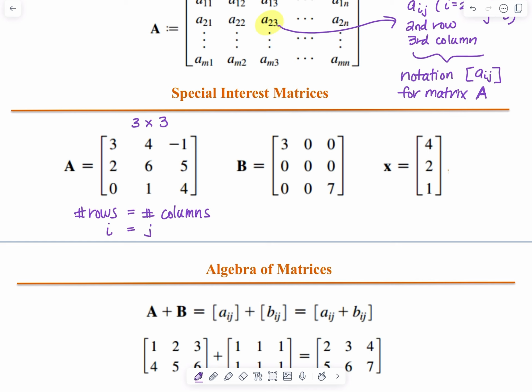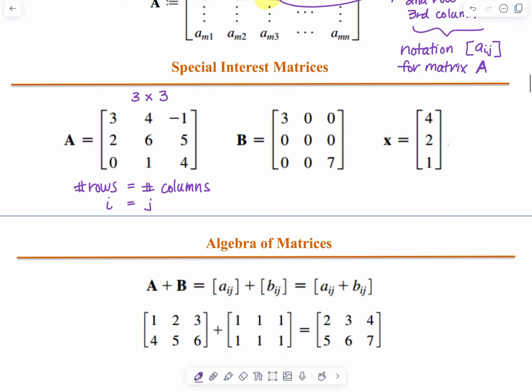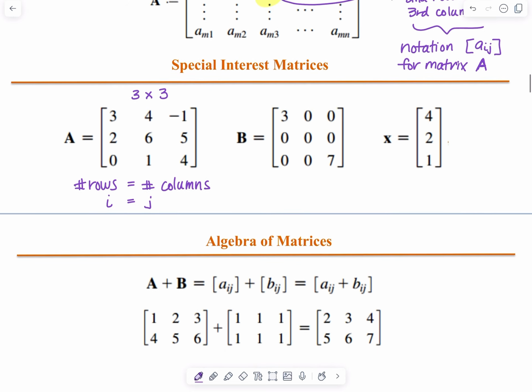Okay, we also have what we call a diagonal matrix, and these are square matrices. I should have put a square matrix here. Of course, it's a 3 by 3. And we have a diagonal matrix.